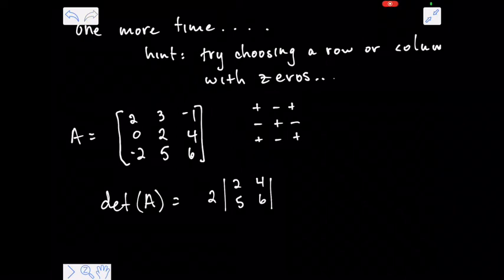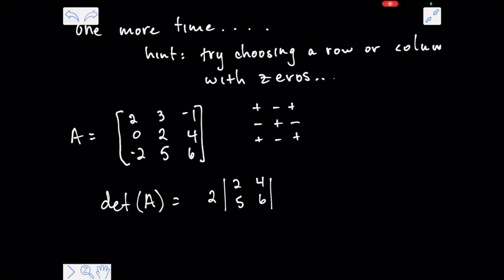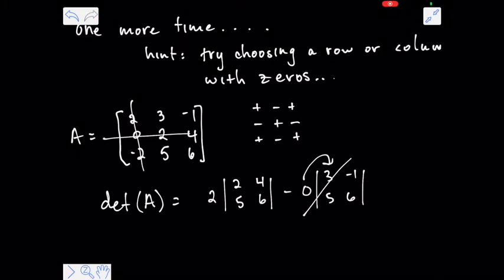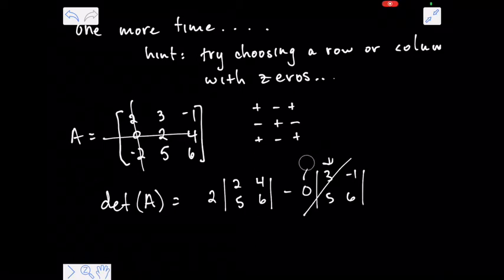Now, the next entry would be this entry, so I would cross out the row and column, and I'd have to multiply it by negative 1, so it would be minus 0 times 3, negative 1, 5, 6. Here's the thing, 0 times that determinant is just going to be 0, so we don't need to bother with that cofactor in the middle, which is why it's recommended that you choose a row or a column that contains zeros.